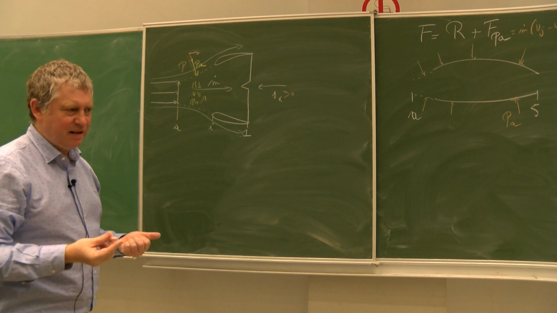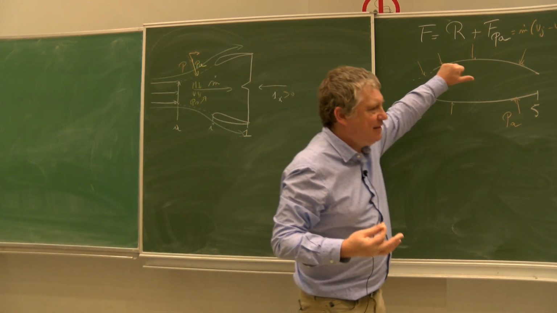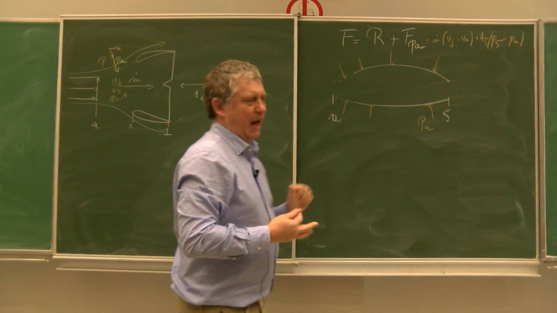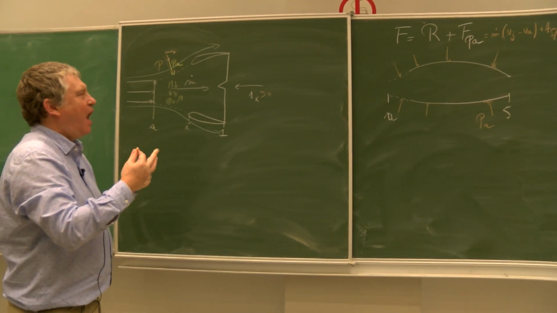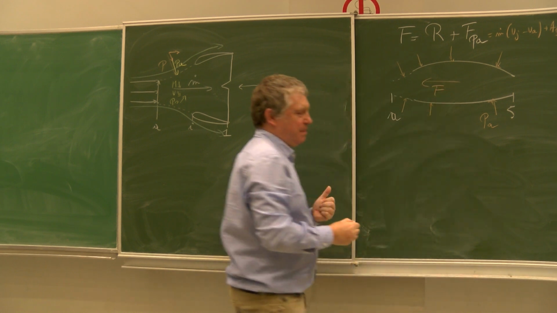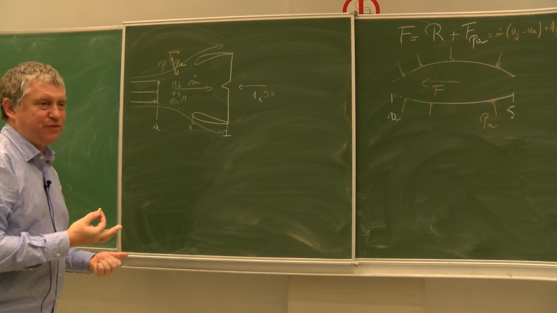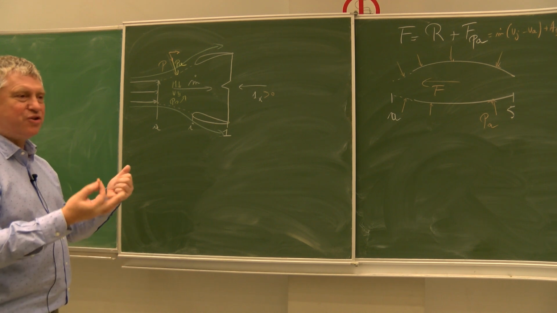And this is something that you have to add to the thrust. And you see that it's in the opposite direction compared to the thrust. The thrust will be like this. So this is a negative thrust, and a negative thrust we normally call a drag.